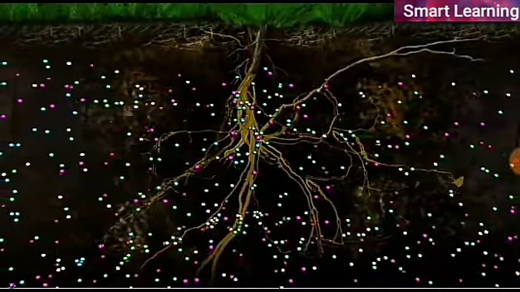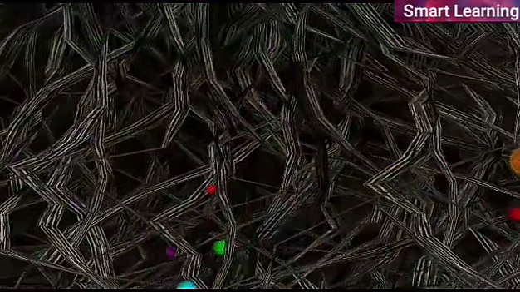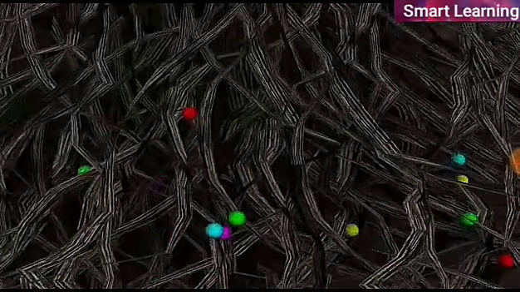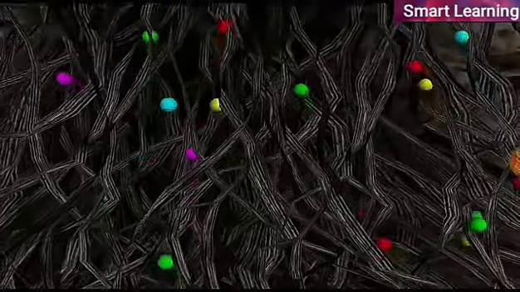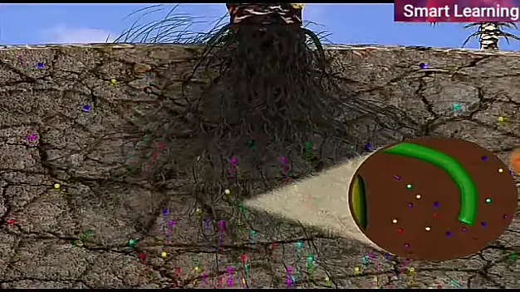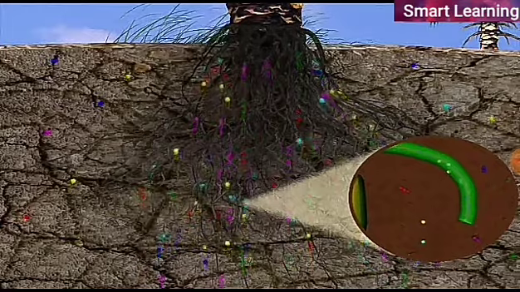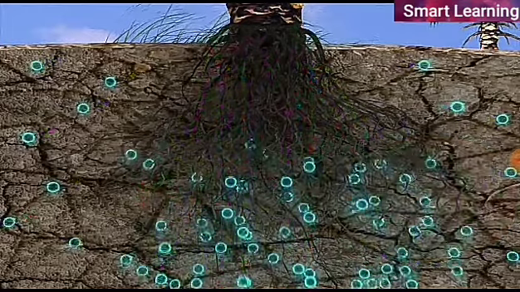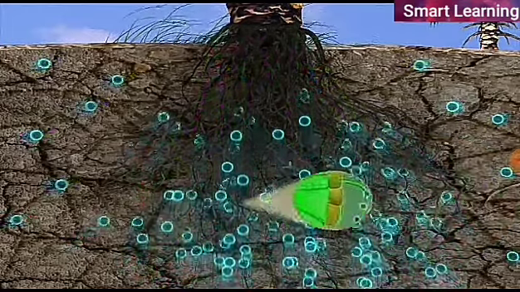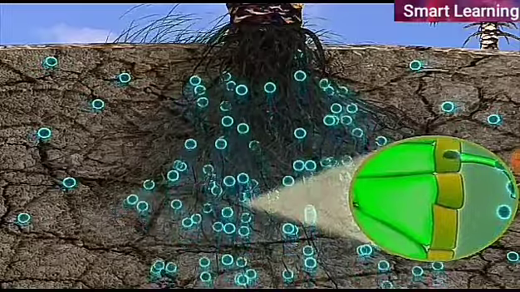At the roots, cells in contact with the soil actively take up ions. This creates a difference in the concentration of these ions between the root and the soil. Water therefore moves into the root from the soil to eliminate this difference.